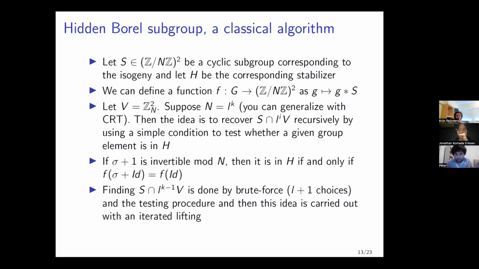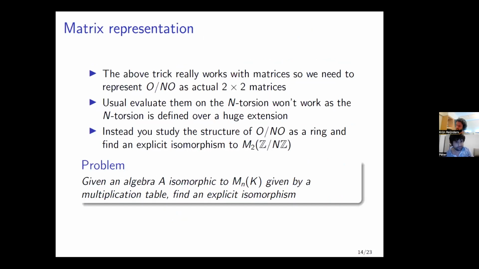So there are L plus 1 possibilities, and you can test using this very simple lemma which one is in H. And then when you find it, you iterate this approach. Yeah, so this is the most detail I'm going to get about this approach. The more details are in Section 3 of our paper, but this is a result that is interesting on its own, I believe: that when n is smooth, you don't even need to resort to a quantum algorithm.